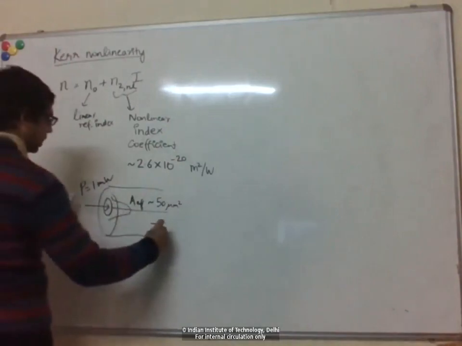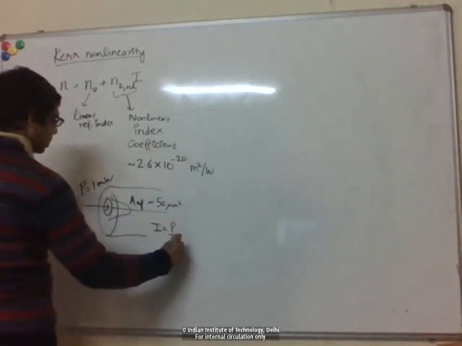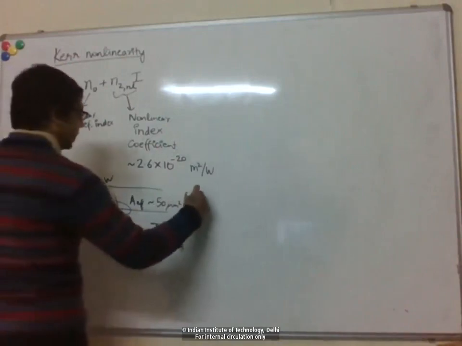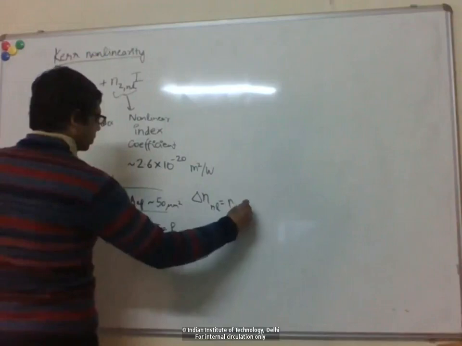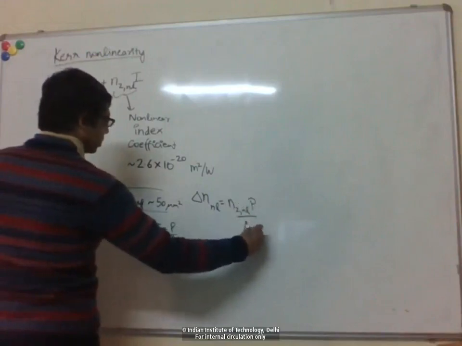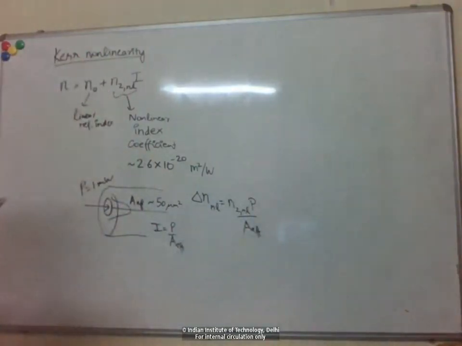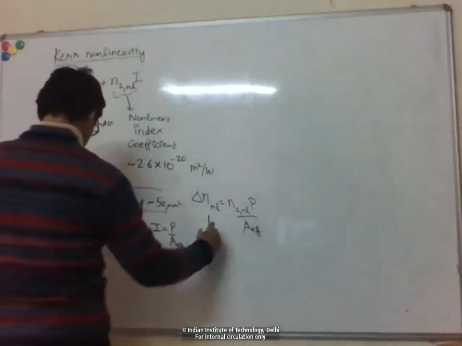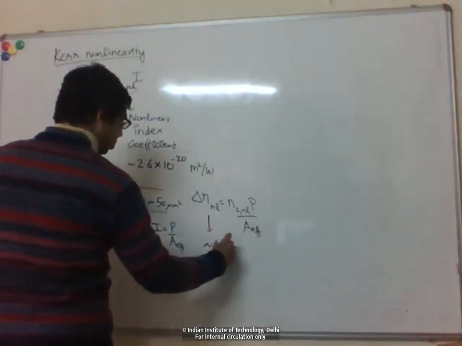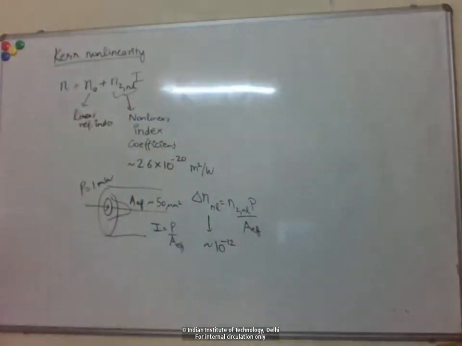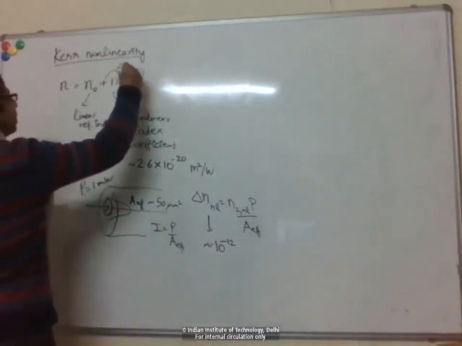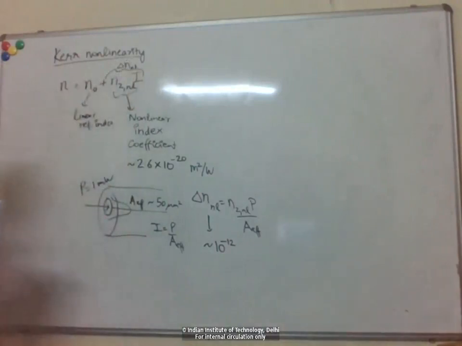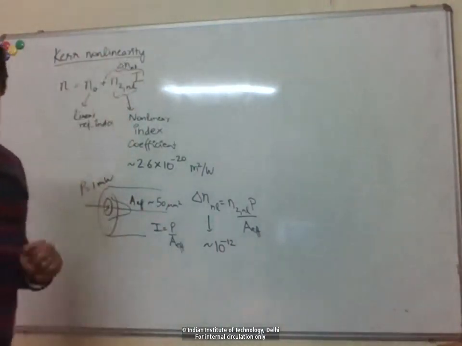So I can compute the intensity like this, and then the index change due to this Kerr effect, if I compute like this, for 1 milliwatt comes out to be about 10 to the minus 12. So you can see that this change in index, delta n, is very, very small. This is 1.45, this is like 10 to the minus 12.